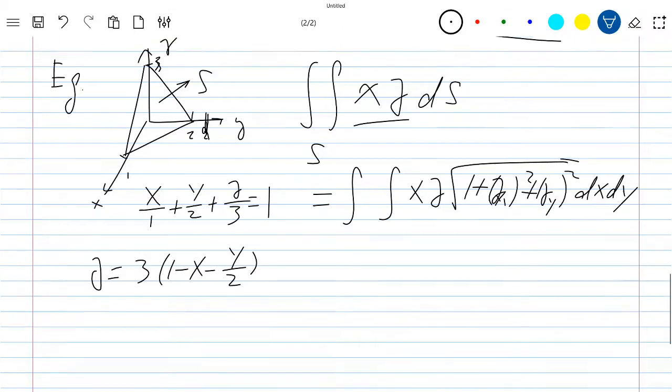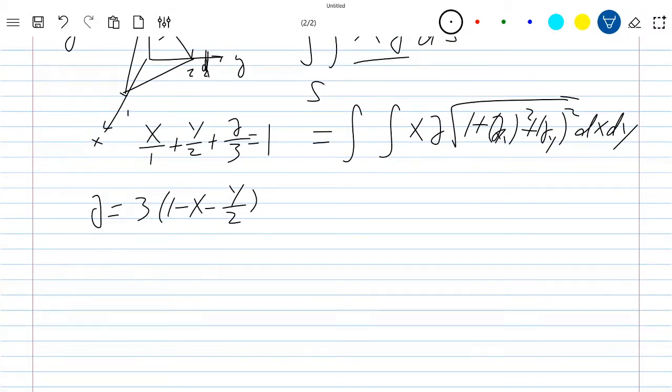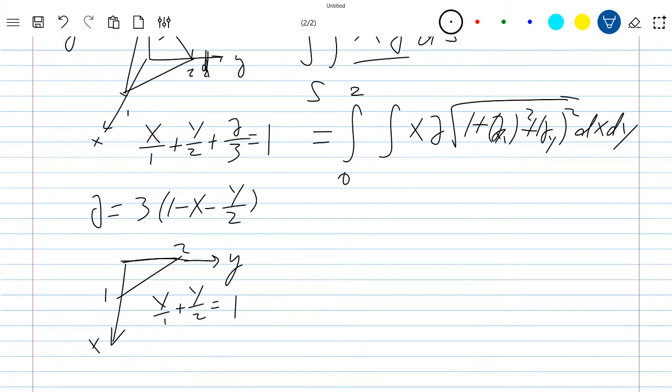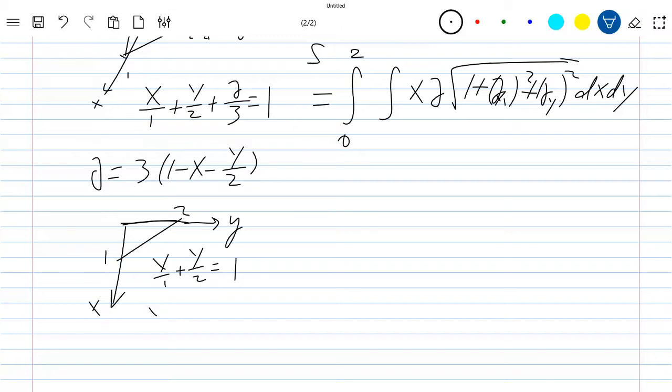Okay, what is the domain in xy? You can see x is 1, that's 2, that's y. So y is between 0 and 2, right? And x over 1 plus y over 2 equals 1. So what is y? Y equals 2 times 1 minus x.